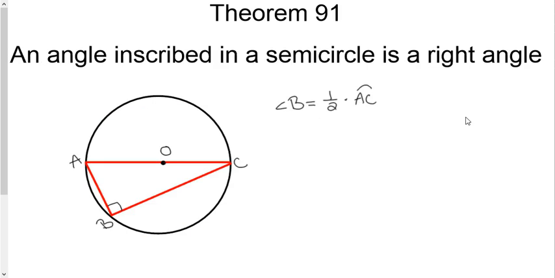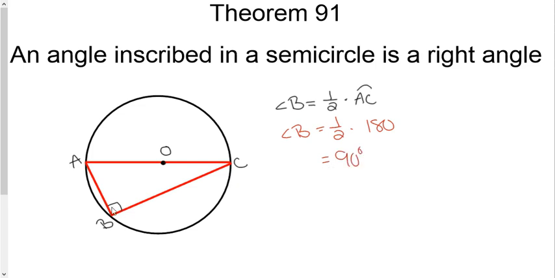Theorem 91 says that an angle inscribed in a semicircle is a right angle. So the proof of that is angle B, because we know inscribed angles are half the measure of the arc. Well, if it's a semicircle, the arc is 180 degrees. So that means angle B is equal to 1/2 times 180 degrees, which is equal to 90 degrees.